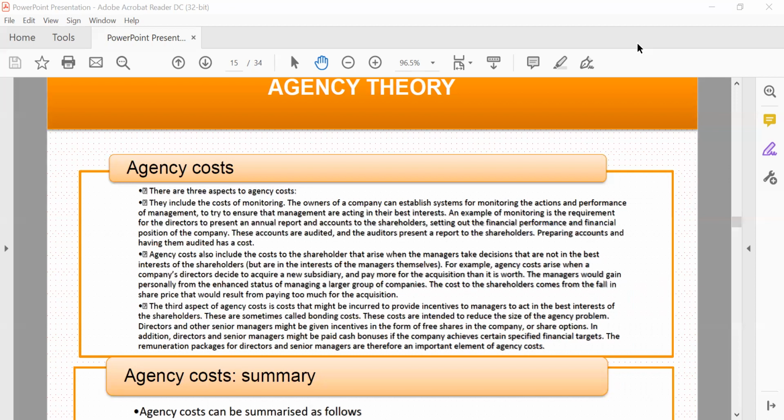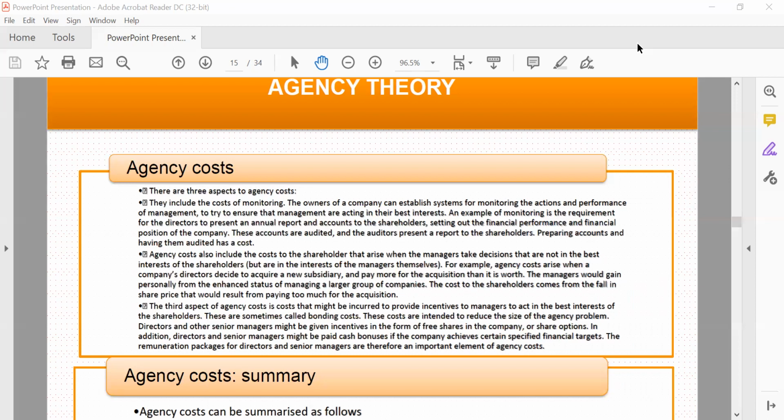The whole thing around annual reports is a way to monitor the activities of management. These accounts are audited, and the auditors present a report to the shareholders. Preparing accounts and having them audited has a cost. So monitoring costs is one.